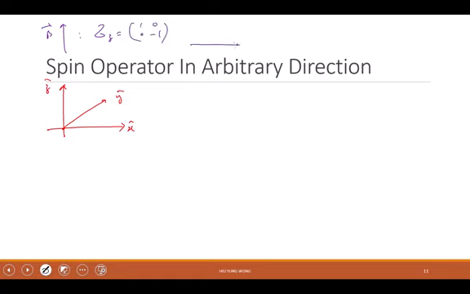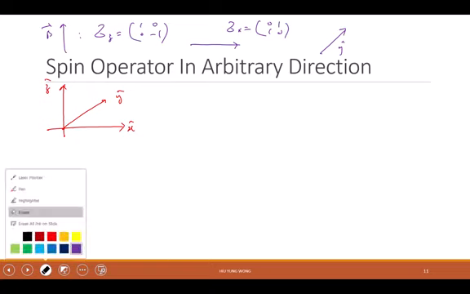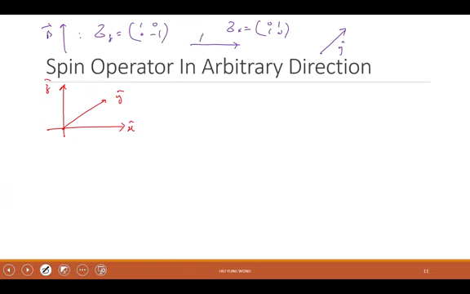If the magnetic field is in the X direction, the corresponding operator is 0, 1, 1, 0. And if it is in the Y direction, the corresponding operator is 0, negative i, i, 0.